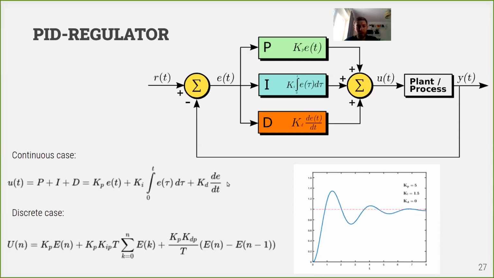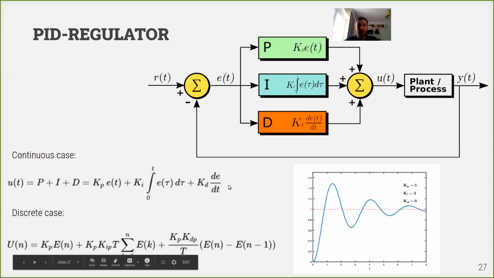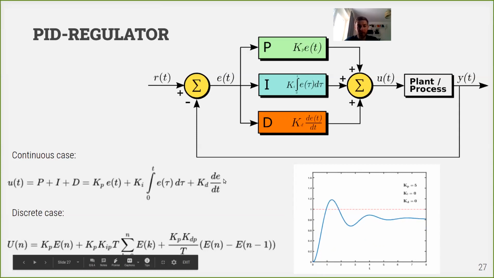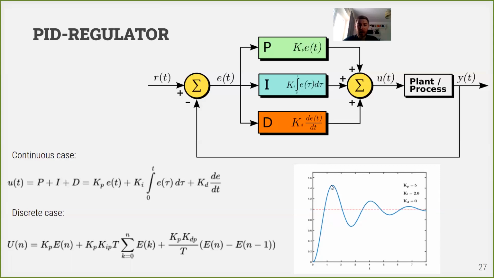And the derivative part allows us to react to the speed of change of our signal, and this one is usually used to slow down this change and to overcome overshooting and oscillation in the system, because without the derivative part we can have these huge oscillations.